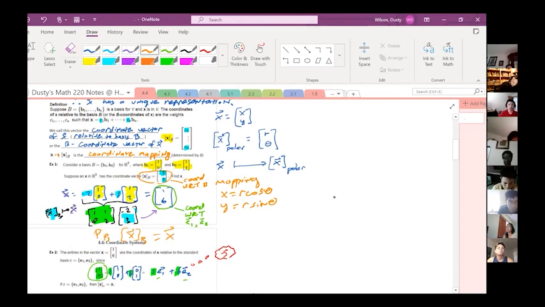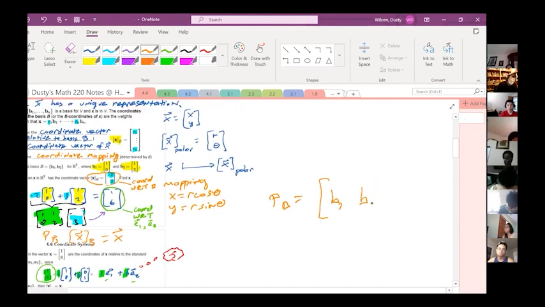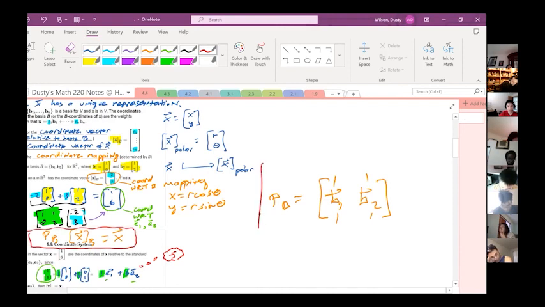And that PB matrix was made up by using the B1 and the B2. Let me see if I can highlight the new stuff. This is new, and this is new.